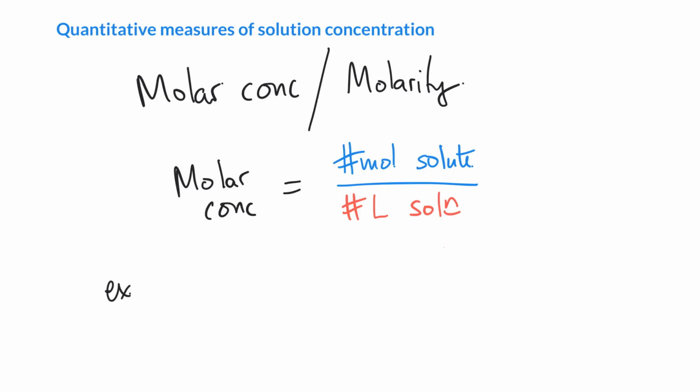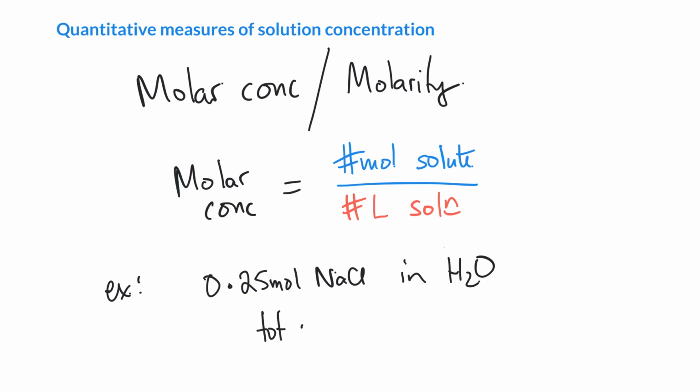So for example, if we had some salt and we dissolved, say, 0.25 moles of salt, so that's sodium chloride, in water. So that would be an example of an aqueous solution, and the total volume was, say, 0.50 liters.